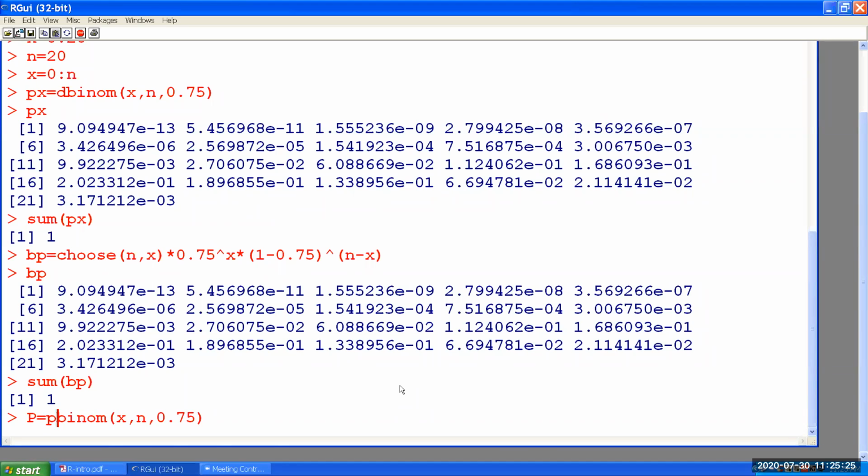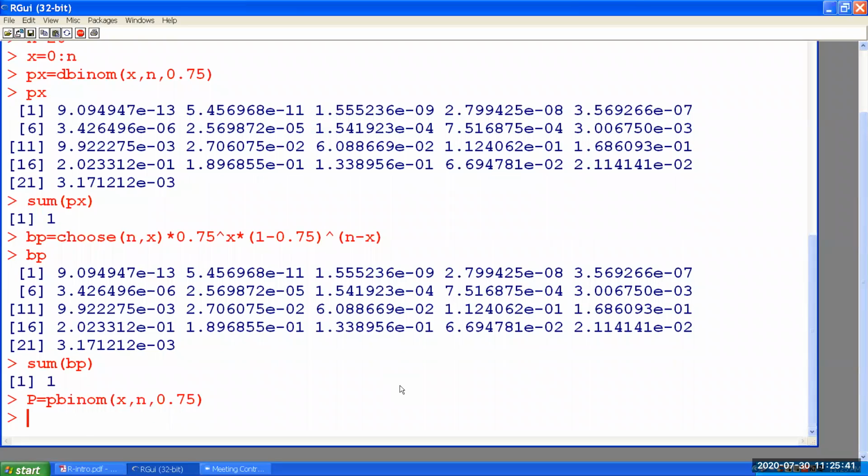When we would like to find these cumulative distribution values, you have to give the same values: px comma n comma 0.75. Now let us see what happened. So capital P.